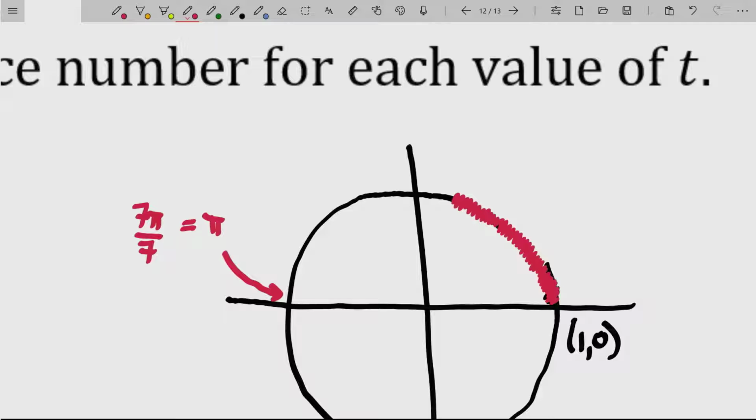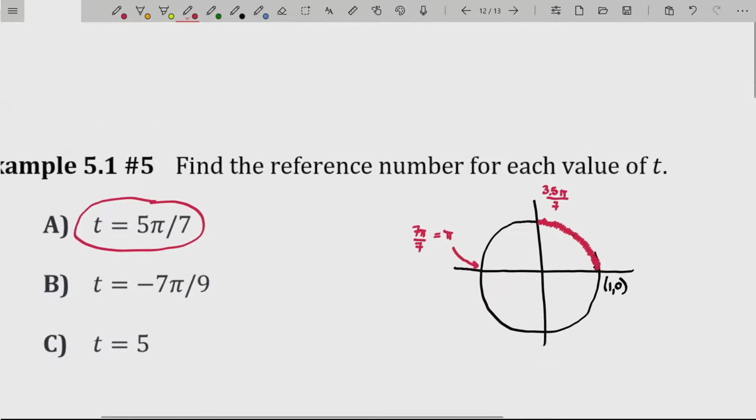Which means that, had I highlighted to this point right here, it would have been half of 7 pi over 7. Even though this is an improper way of writing a fraction, I'm going to write this as half of 7 pi over 7, 3.5 pi over 7. Well, the length we're trying to get to is 5 pi over 7.